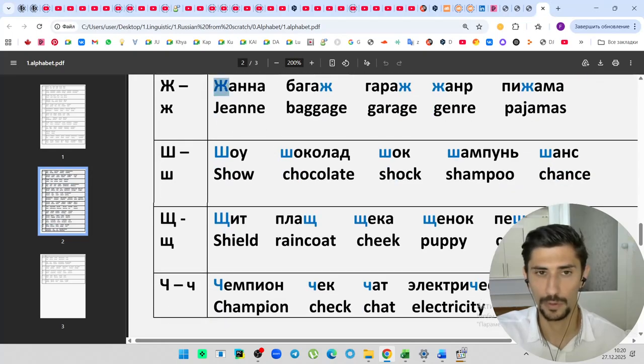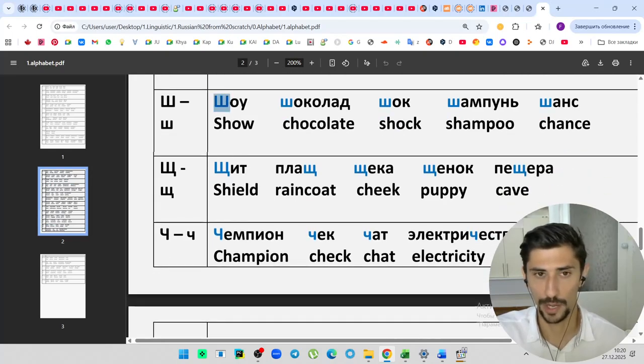Next letter is pronounced like Ж. Жанна. Багаж. Гараж. Жанр. Пижама. Next letter is pronounced like Ш. Show. Шоколад.